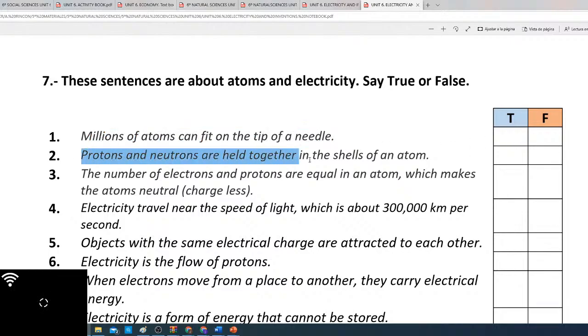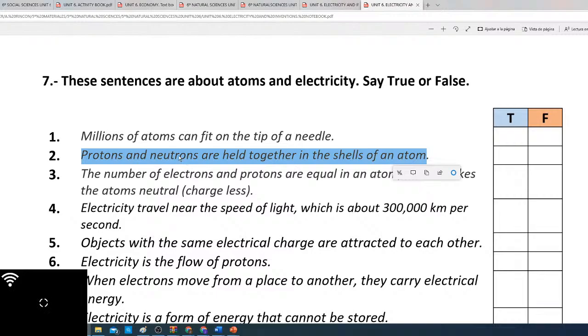Number 2. Protons and neutrons are held together in the shells of an atom. Protons and neutrons. And it says that in the shells of an atom. What do you think? Is that true or false?